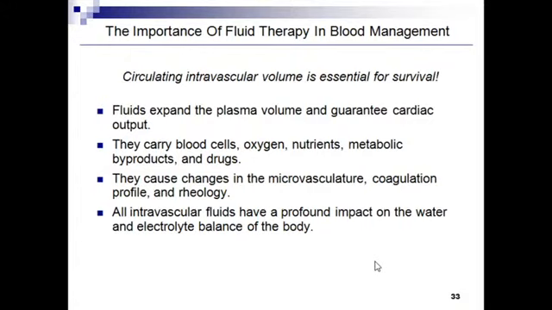They carry blood cells, oxygen, nutrients, metabolic byproducts, and drugs via the blood circulation. The fluids cause changes in the microvasculature, coagulation profile, and rheology of blood. All intravascular fluids have a profound impact on the water and electrolyte balance of the body.